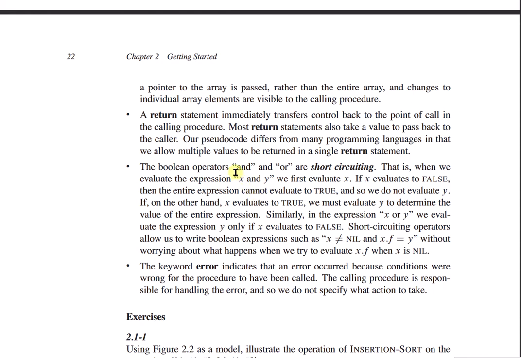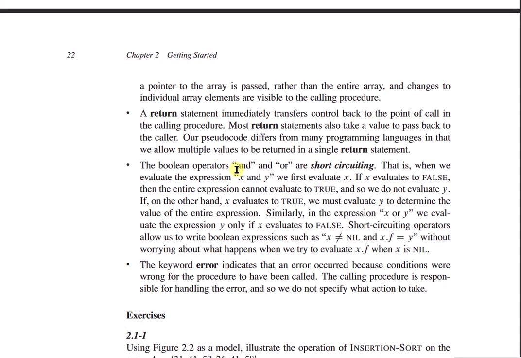For example, x and y is true only if x is true and y is true. But if one of them is false or both are false, the output is false. So if x is false, the output is obviously false, regardless of y.